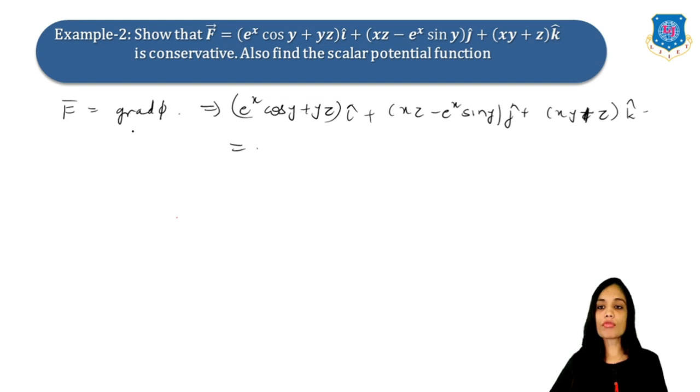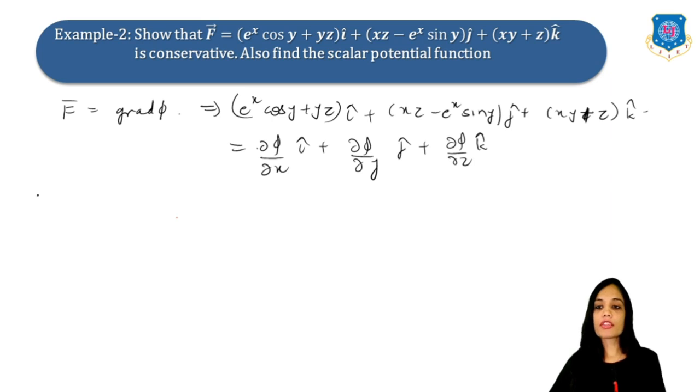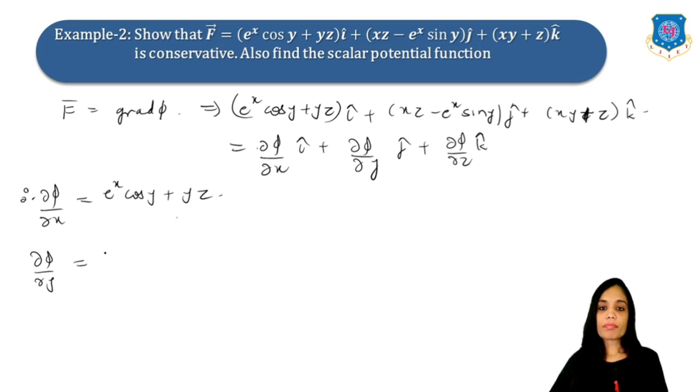This equals grad phi, meaning del phi by del x i cap plus del phi by del y j cap plus del phi by del z k cap. Just compare these two. Therefore, del phi by del x will be e raised to x cos y plus yz. Del phi by del y will be xz minus e raised to x sin y. And lastly, del phi by del z will be xy plus z.